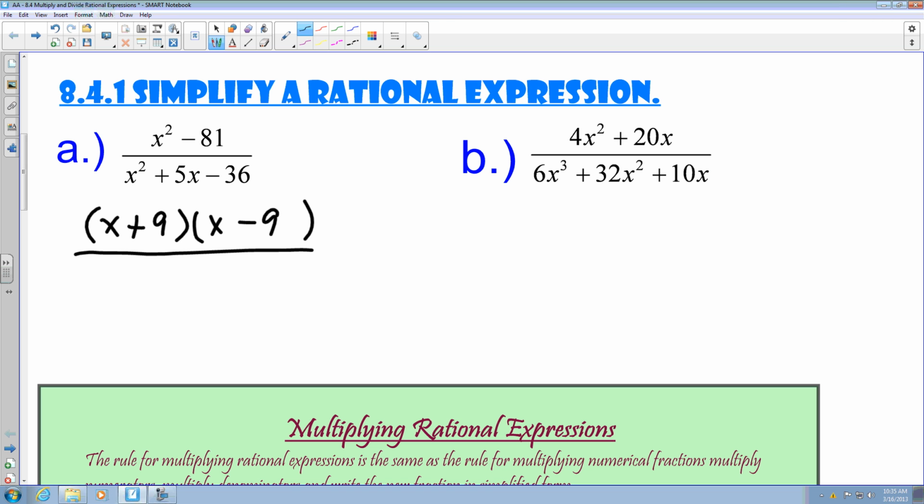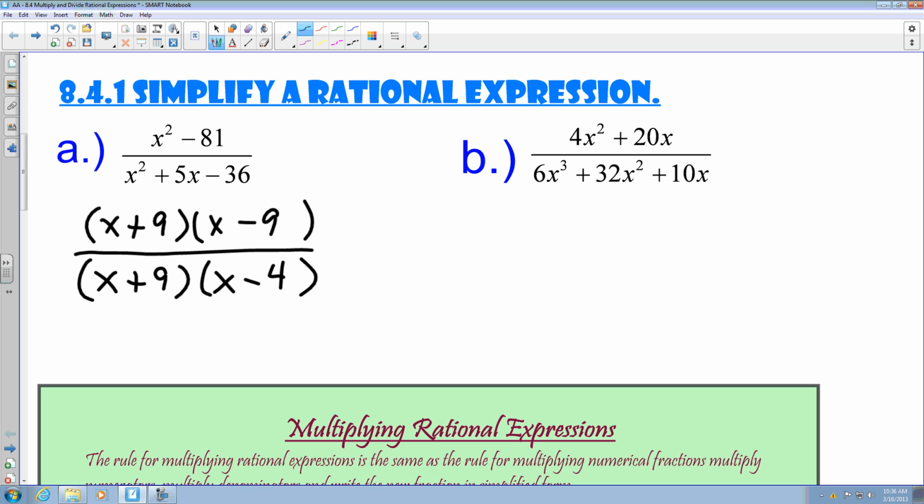And I can factor my denominator too. So I got x here, x here. The negative 36 tells me that both signs are going to be different. And then I need numbers whose difference is 5 but whose product is 36. And that's going to give me a plus 9 and a minus 4.